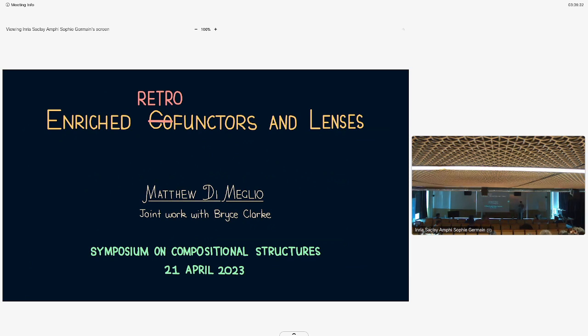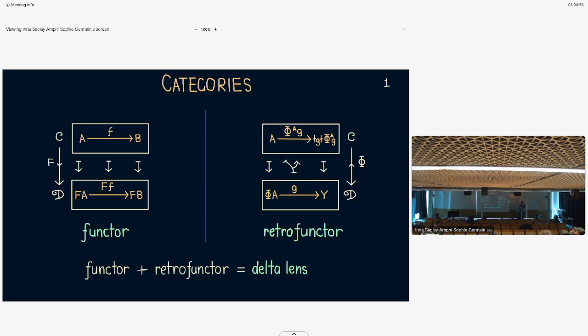So we're trying out this new retro prefix, which has been taken from some work that Bob Paré did, where in some other setting it's related, and I think that the name retrofunctor is maybe a less confusing term than cofunctor. But maybe by the end of the talk we can have some feedback on whether you think that's the case.